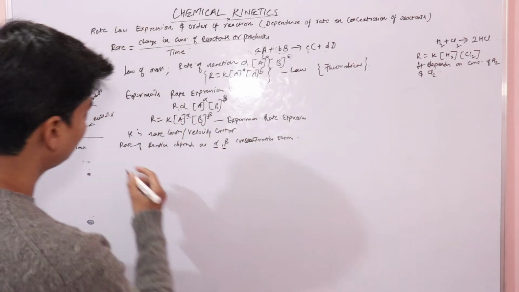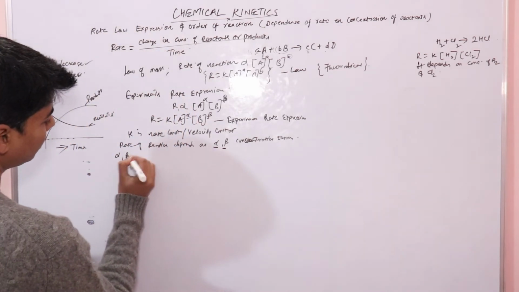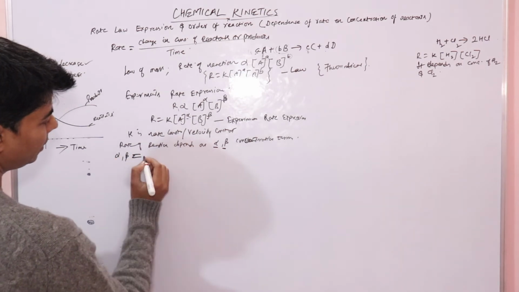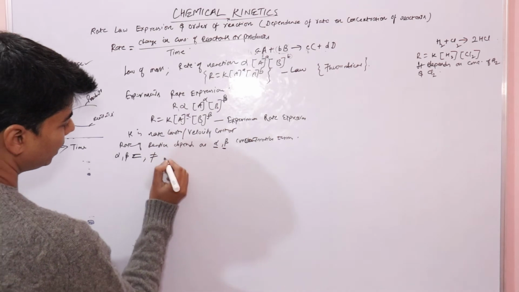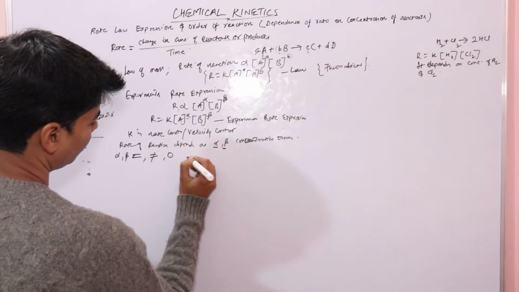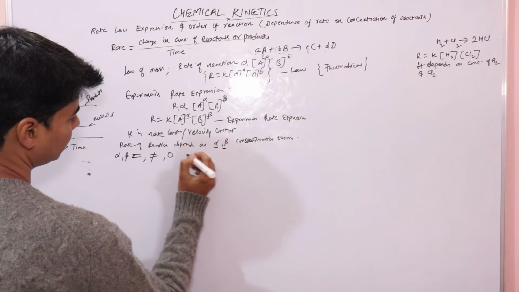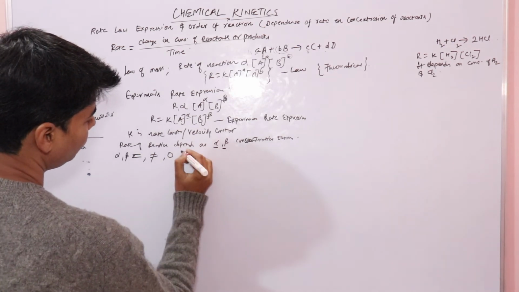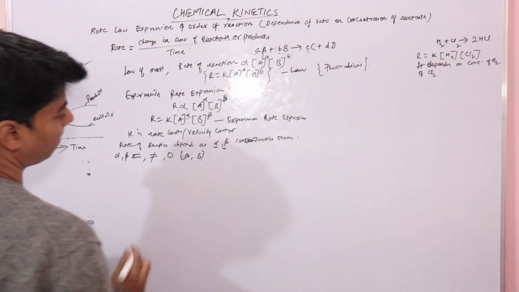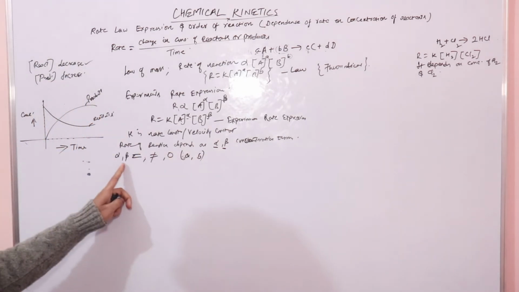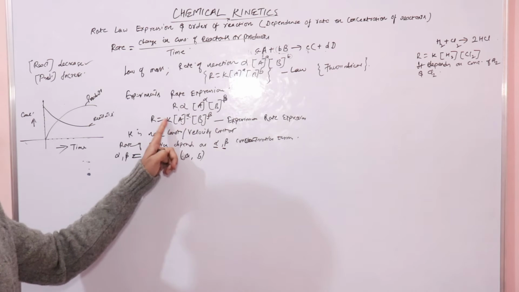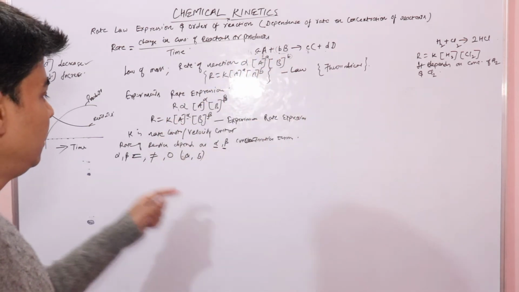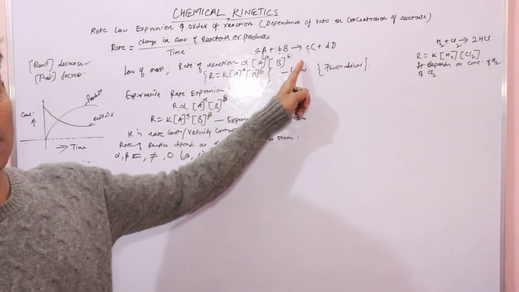So alpha and beta in the rate law expression, if you compare with the rate expression given by the law of mass action, may be equal to a and b, or may not be.